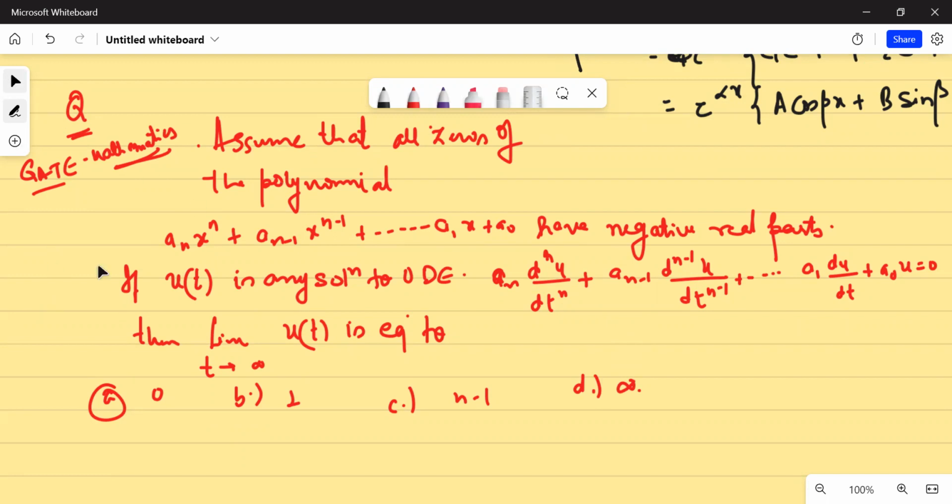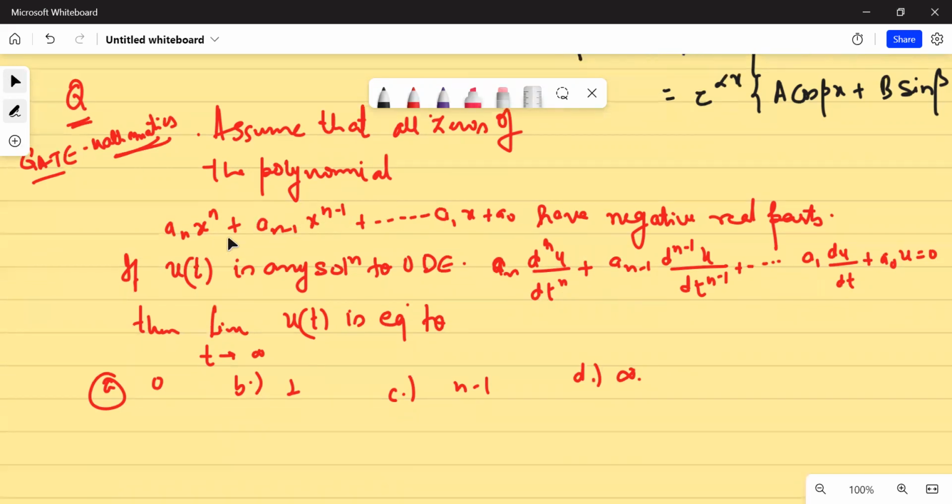So assume that all zeros of the polynomial a_n x^n + a_{n-1} x^{n-1} + ... + a_1 x + a_0 have negative real parts. What does it infer? In general, always understand real numbers are nothing but a subset of complex numbers.